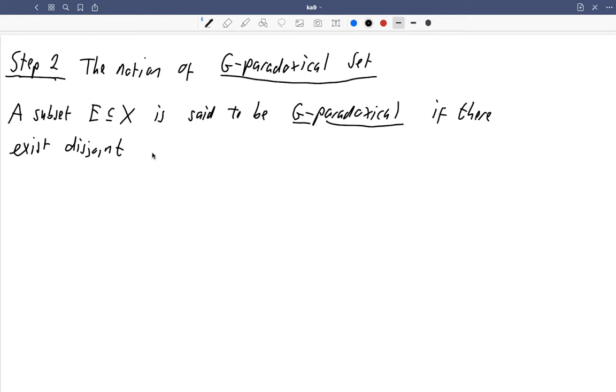subsets of E. So A1, again, it's going to look a bit like the Banach-Tarski theorem.